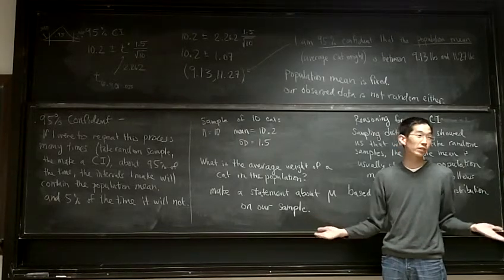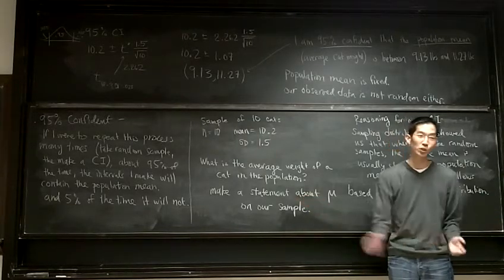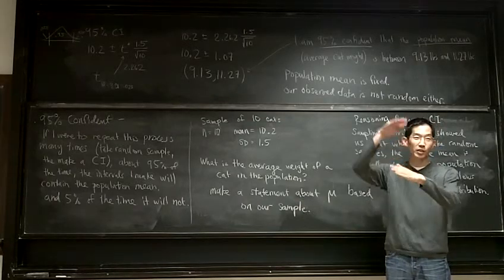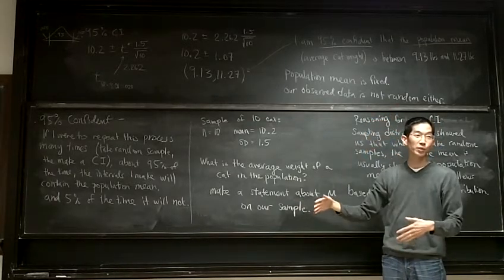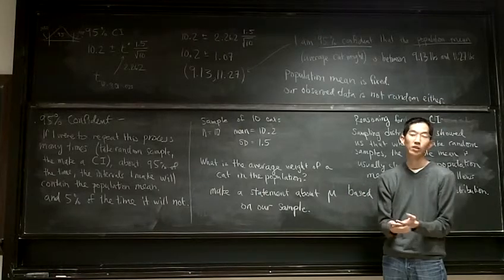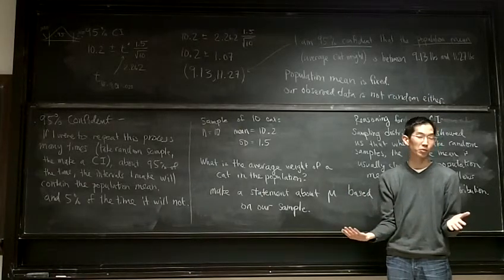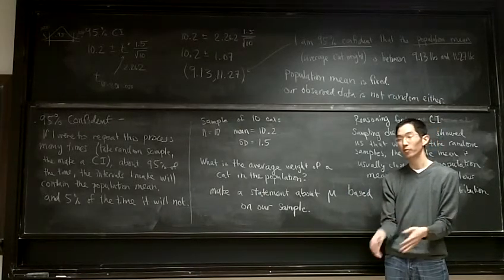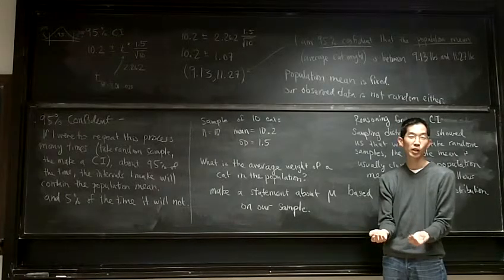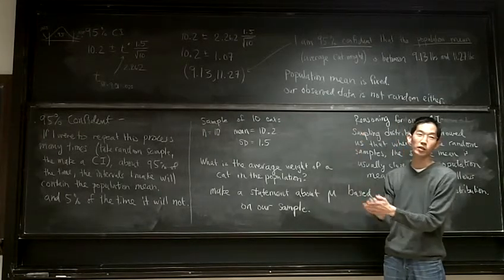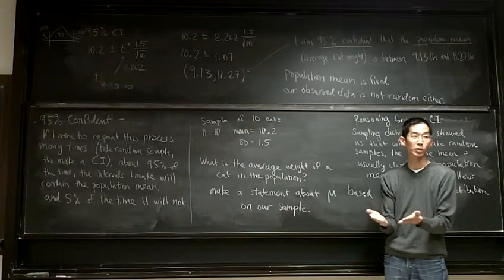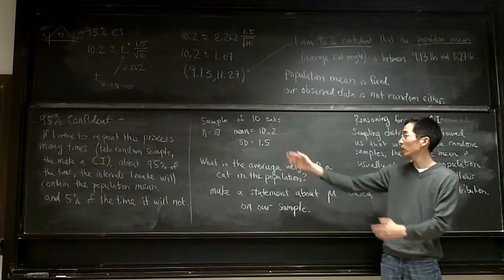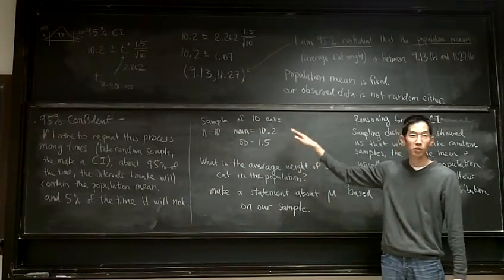To figure it out, we would need to find every single male, take their height, and average them. We can't do that. So we take a sample, and based on this sample, we make a statement about the average height of the population. Here we don't know what the population is.